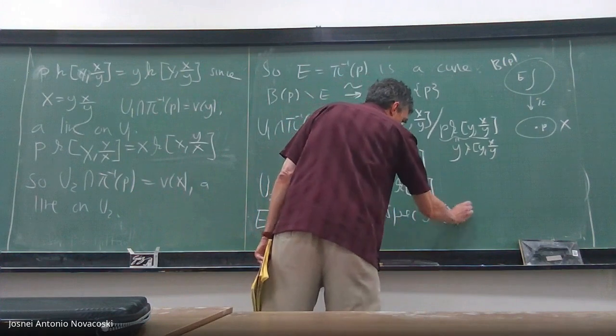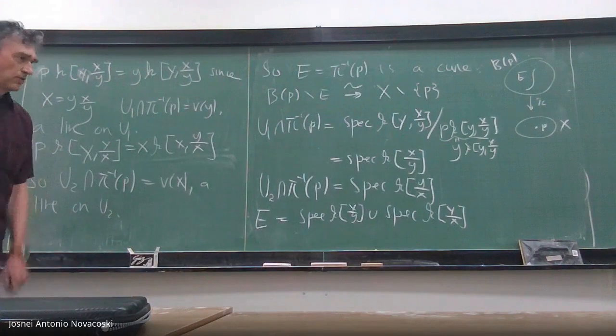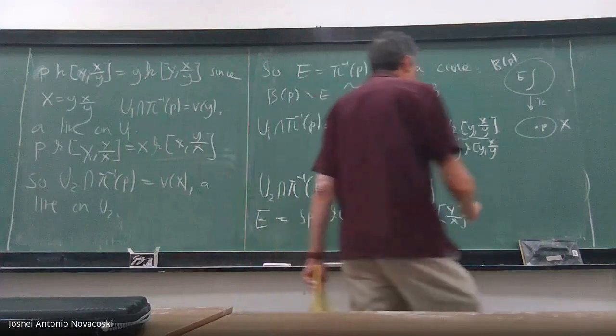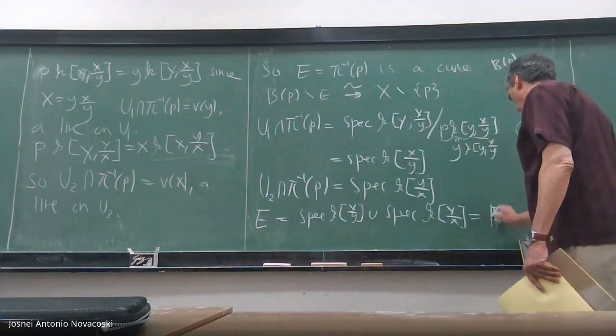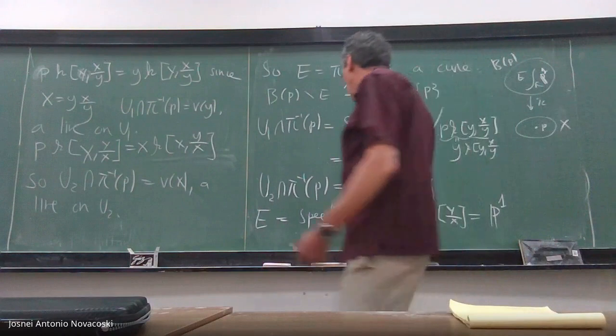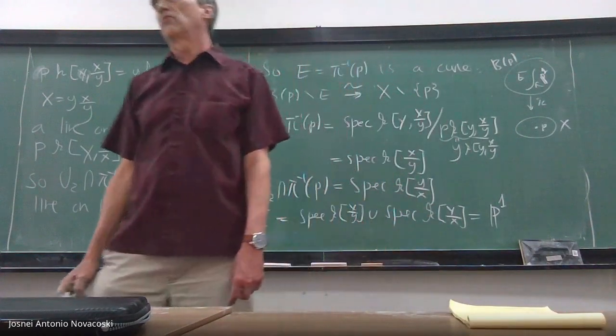And remember last lecture, we talked about projective space. And we can recognize this as just being projective space P1. Okay, so this is a P1. And in fact, from a more classical point of view, if K is C, this is just the Riemann sphere.